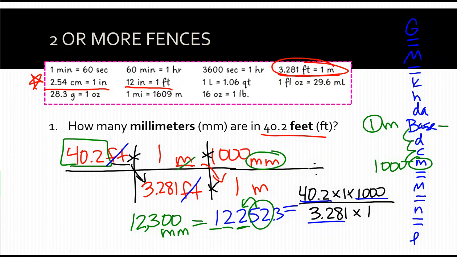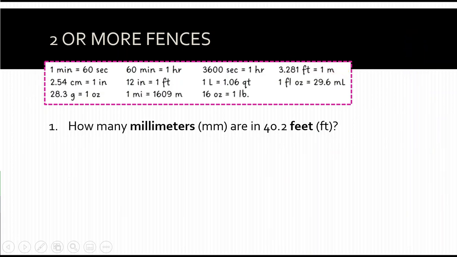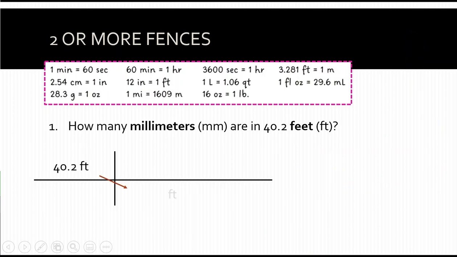The meters cancel with meters, and we're left with millimeters. So that is that final answer. All right. So it is set up here to show you again how to do it. If you need to re-see it on the PowerPoint, you just keep adding to your T-chart, keep building up.